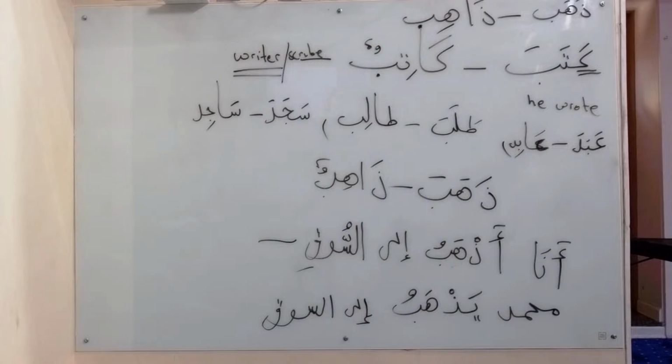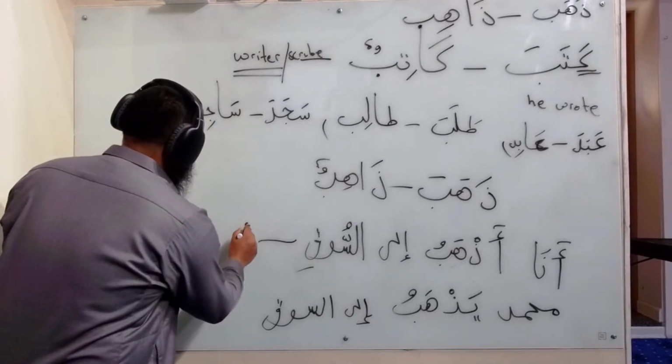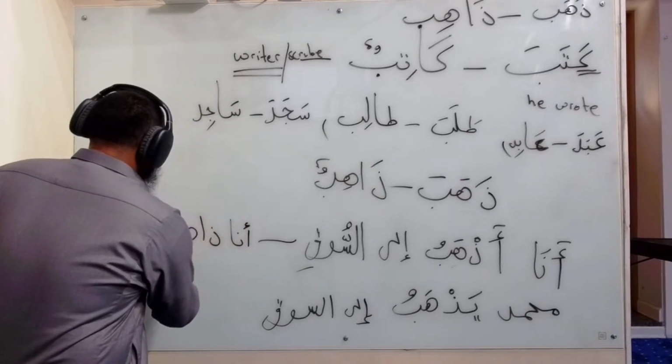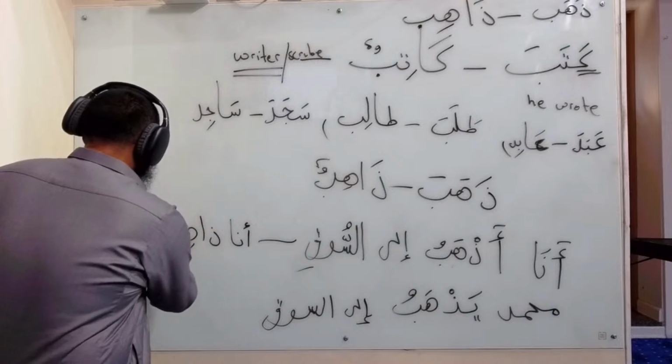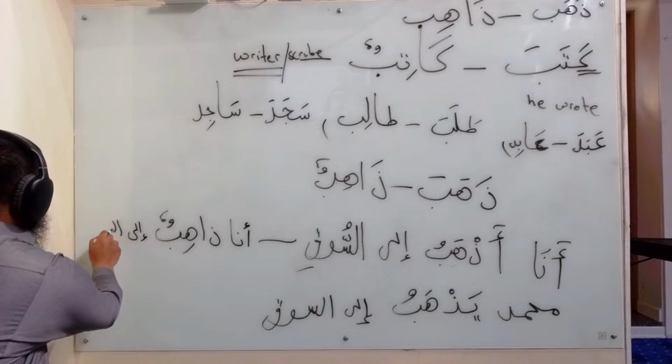Now we said the doer can be used instead of the verb. So here you can say Ana dhahib ila al-suq.